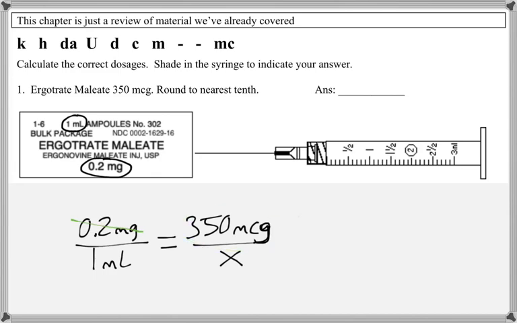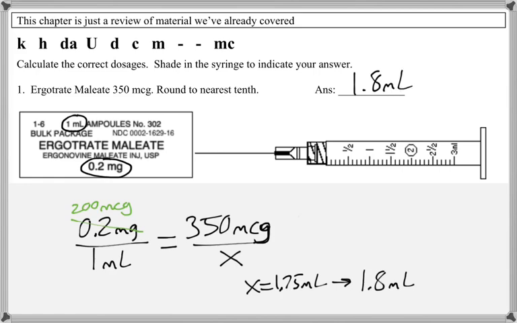So that's going to be 200 mcg. And then if I solve, 1 times 350 divided by 200, then I get 1.75. And they want us to round to the nearest tenth. So this is 1.8 mLs.